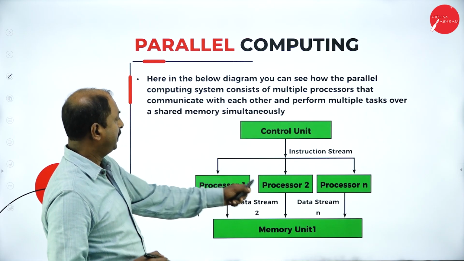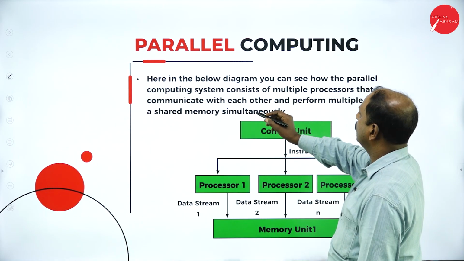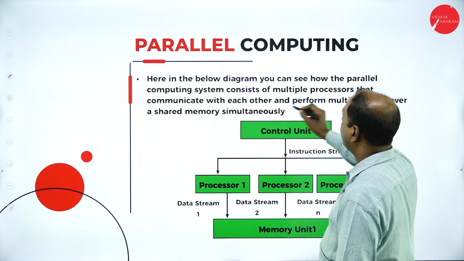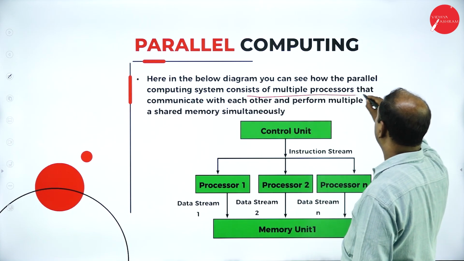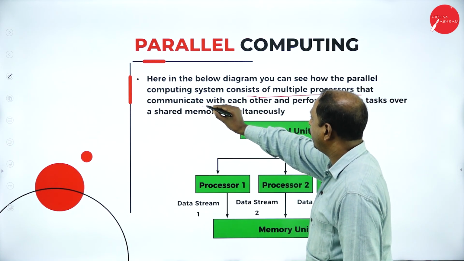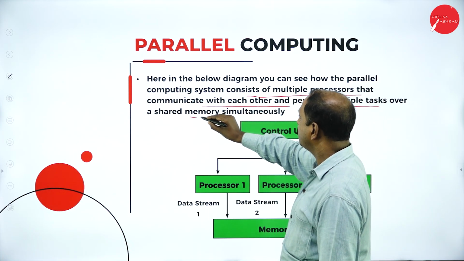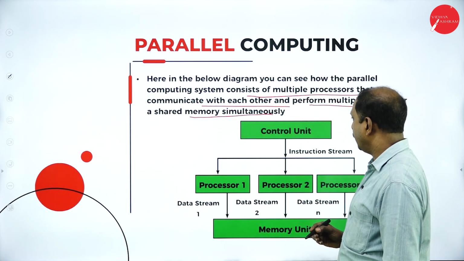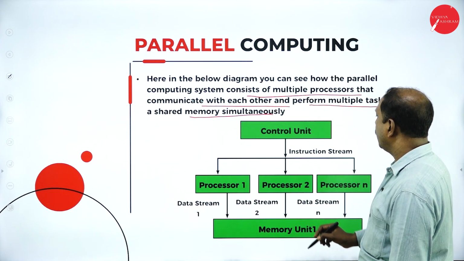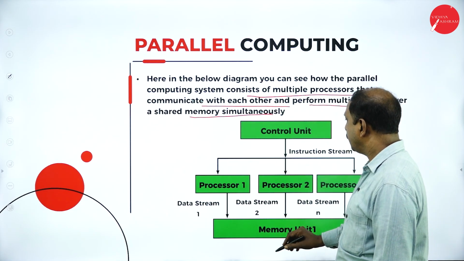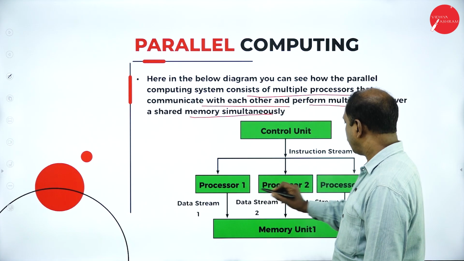Now look at the diagram. In the diagram below you can see how the parallel system consists of multiple processors that communicate with each other and perform multiple tasks over shared memory simultaneously. This is a control unit, this is a memory unit, and here we have processors 1, 2 and 3.